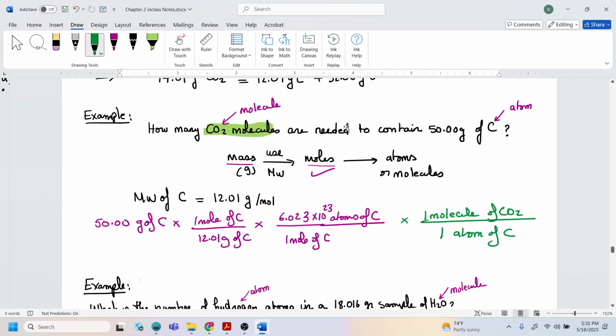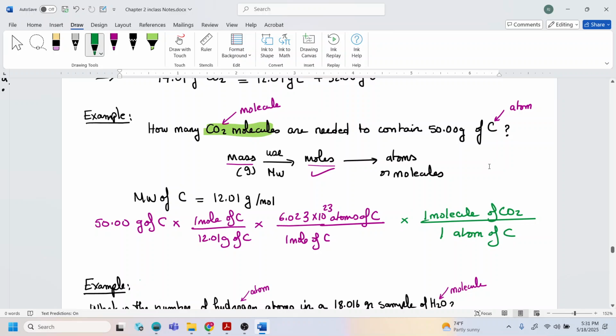Yeah. The same question can be given also for oxygen. Okay. So this question can be given for oxygen. Instead of carbon, they can give me oxygen and I can relate it the same. But remember, for every 1 molecule of carbon dioxide, you have 2 atoms of oxygen. This is the difference. Okay.